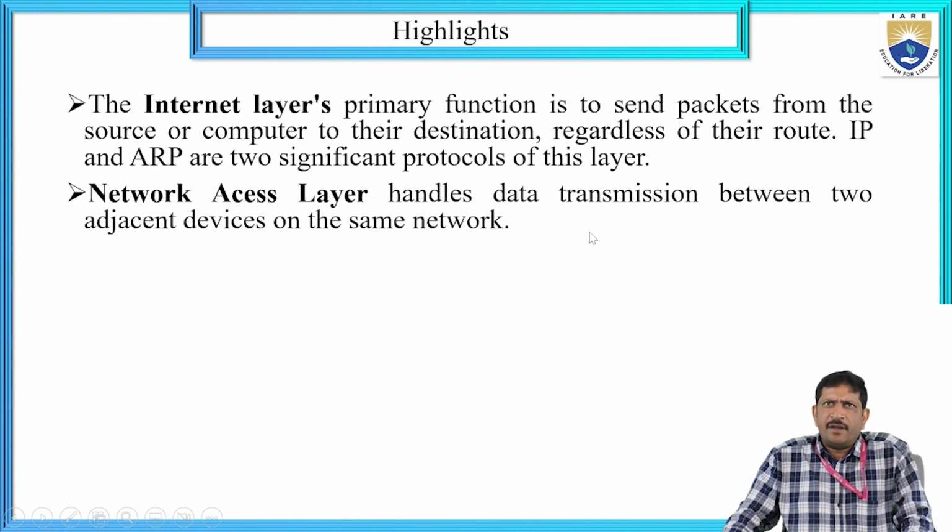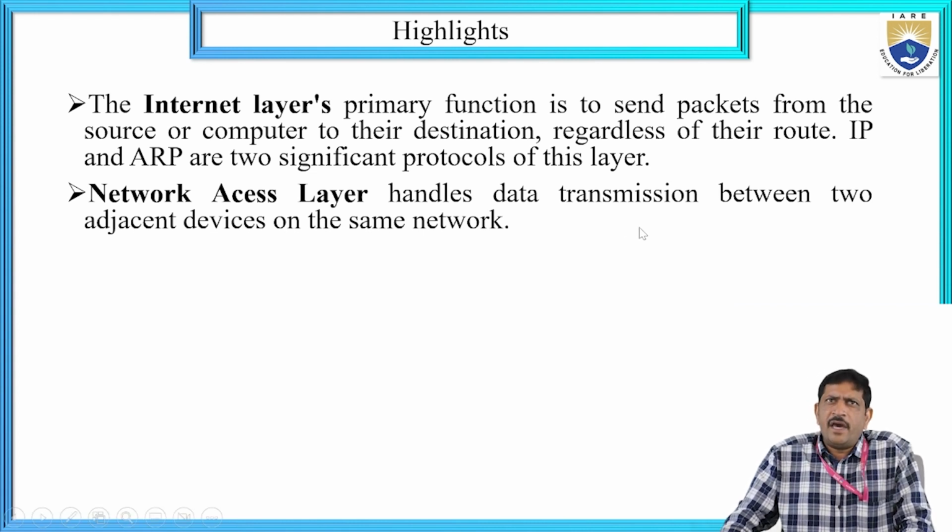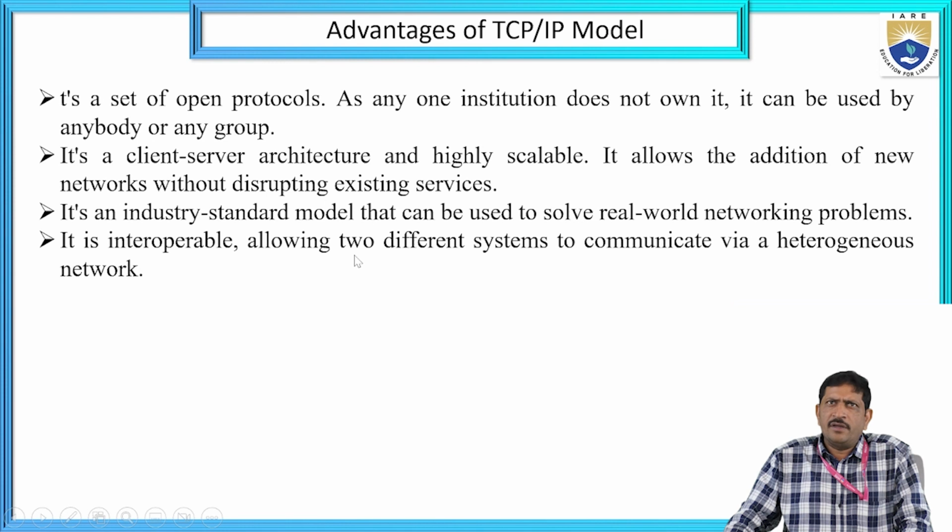The internet layer's primary function is sending the packet from the source computer to its destination, regardless of the route. IP and ARP are the two significant protocols of this layer. Network access layer handles the data transmission between two adjacent devices on the same network.